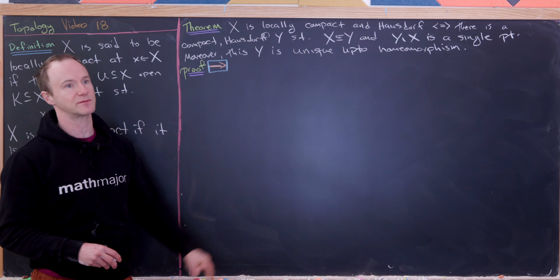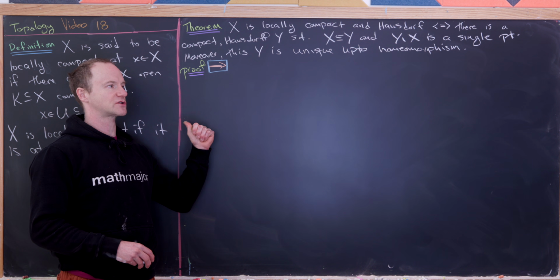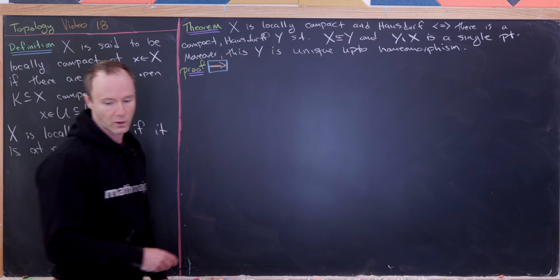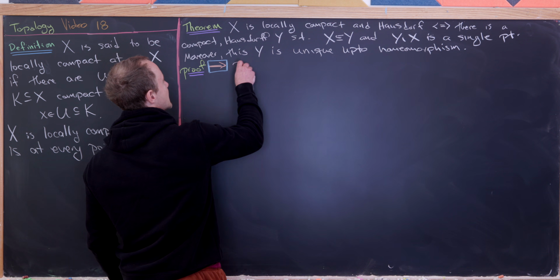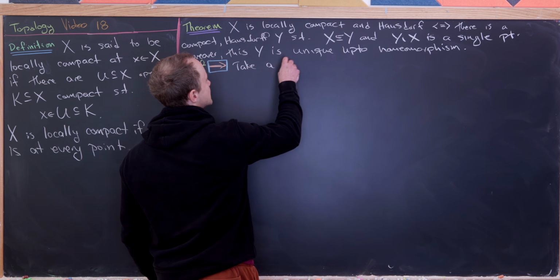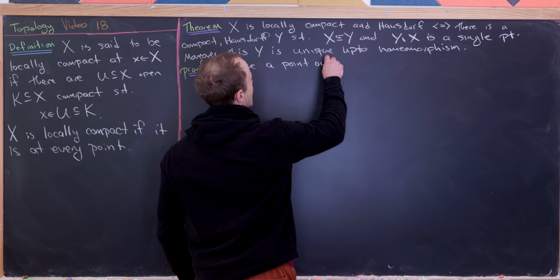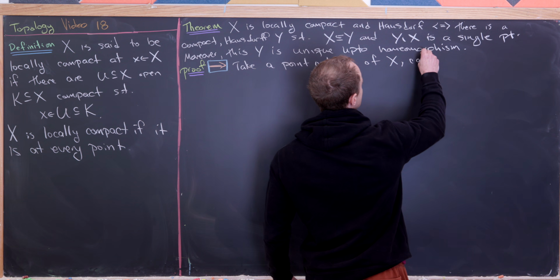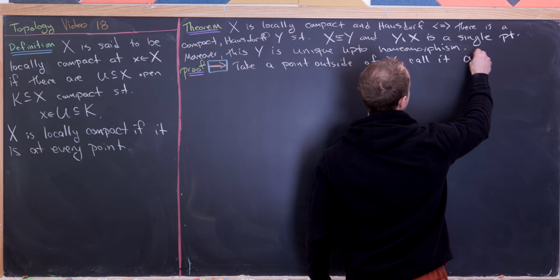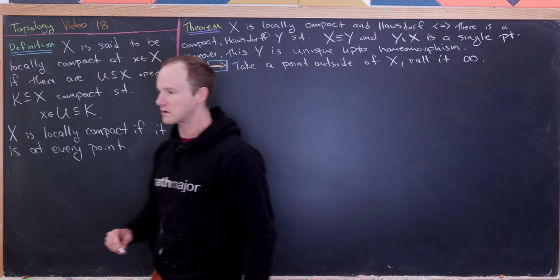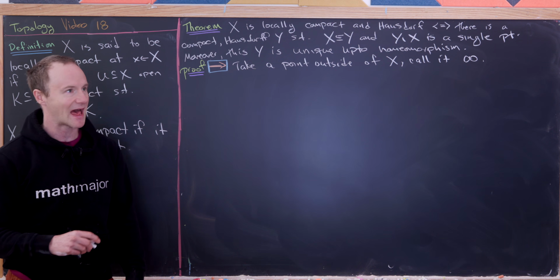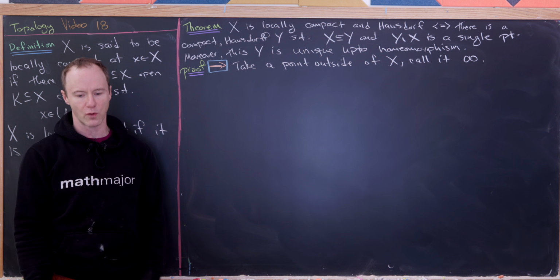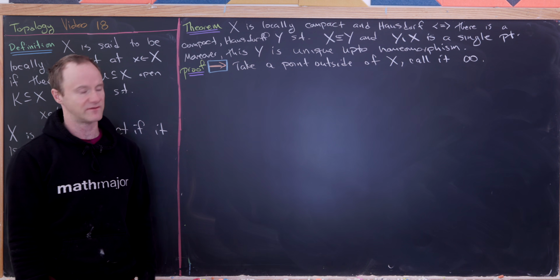Well, really three things to prove: forward direction, reverse direction, and then uniqueness. So let's get going with the forward direction. So let's take a point outside of X, and what we'll do is call it infinity. And you'll see that generally this extra point that we tag on to create the compact space, we'll often call this the point at infinity, and we'll just call it infinity.